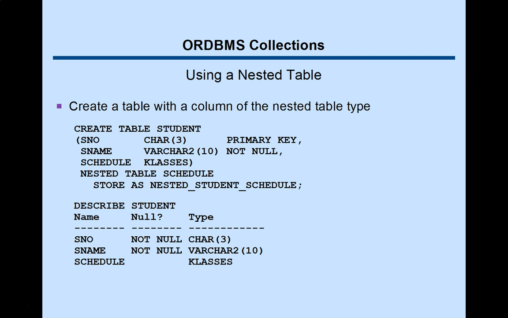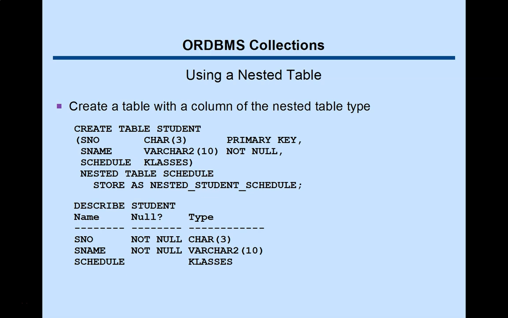Let's create a table with a column that is based on this nested table type. So here we create the student table. We have student number as the primary key of this relational table. Student name, and then the third column, we call it schedule, but this will be an instance of the classes nested table type.